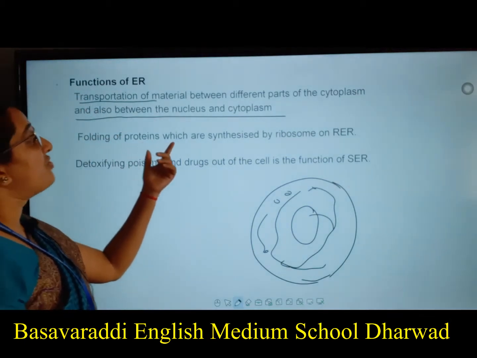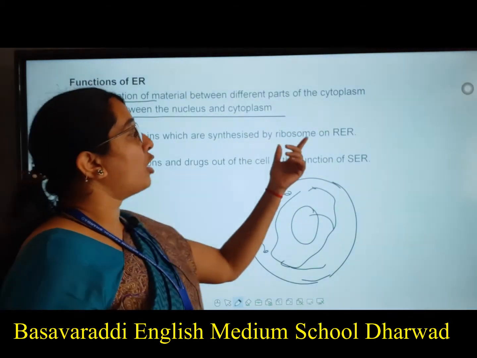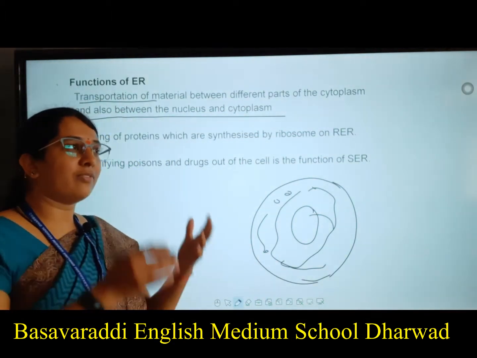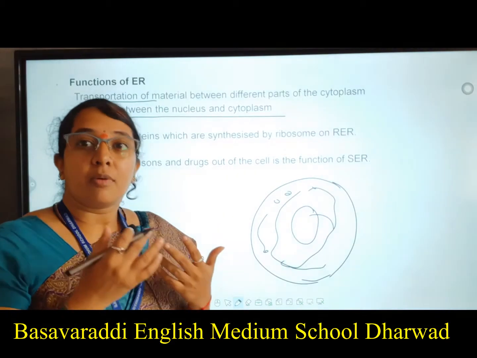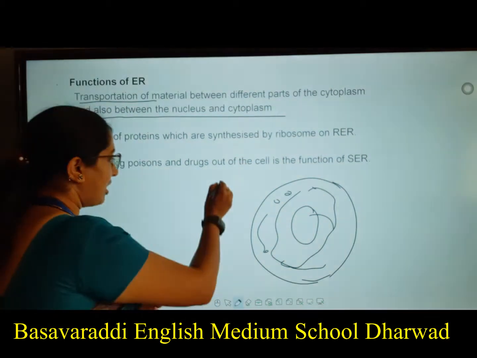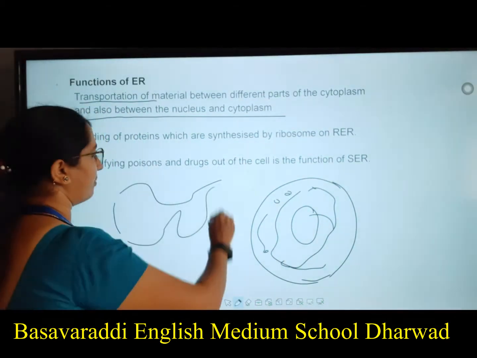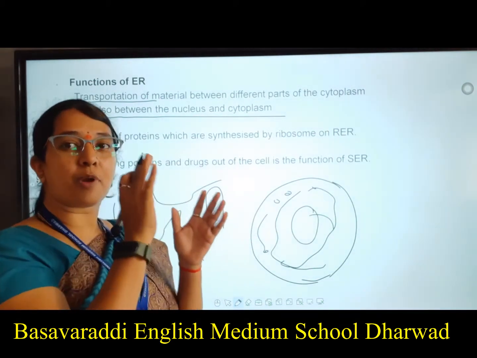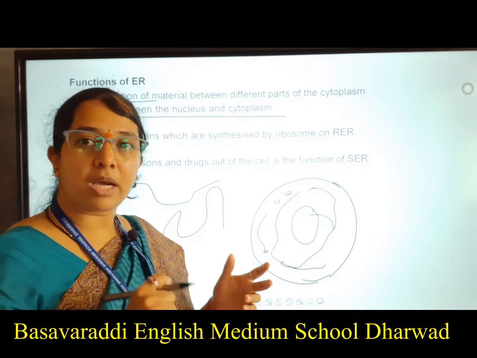Folding of proteins which are synthesized by ribosomes on RER. When protein synthesis takes place, the proteins will be in chain form. They have to be folded properly, into whichever protein is required by the body.